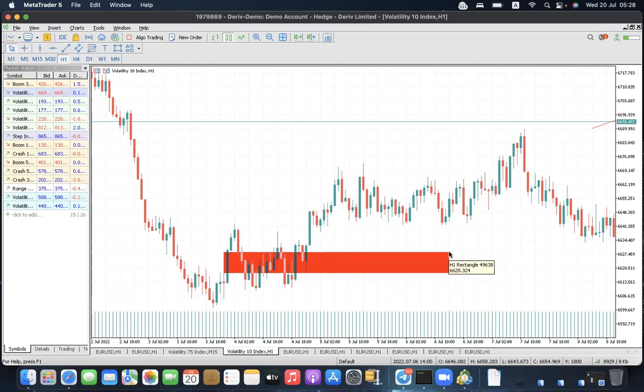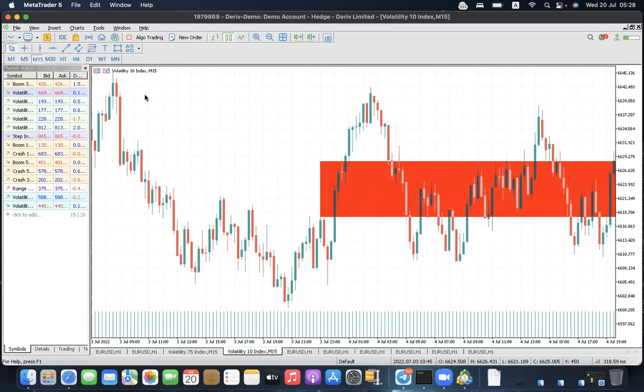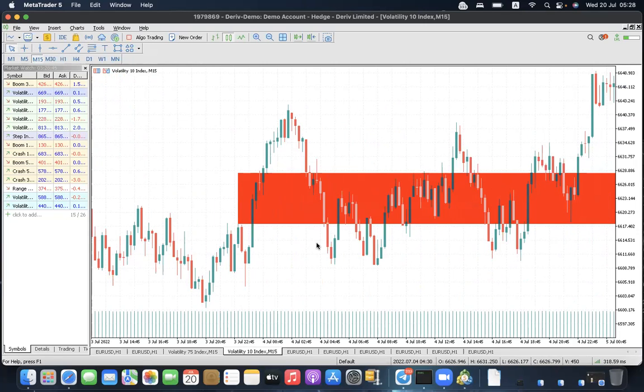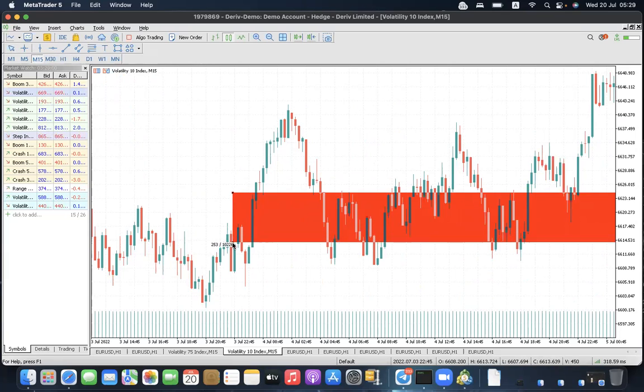But now, remember, our entries are always taken from M15. So we also have to find as many gaps as we can in that small time frame, because that's our entry point and it gives us a precise entry. When we talk about M15, we are talking about scaling down. You can see a gap in a larger time frame, but you have to scale it down to get a more focused entry.